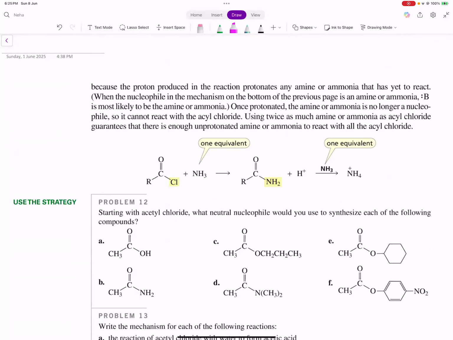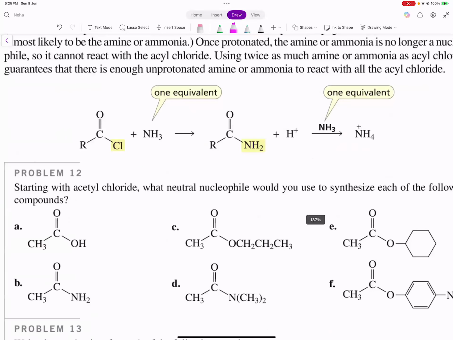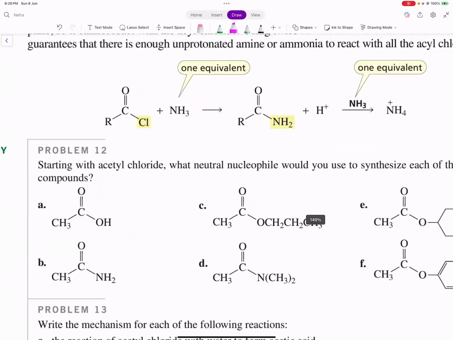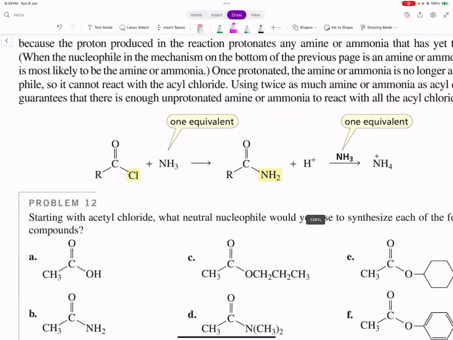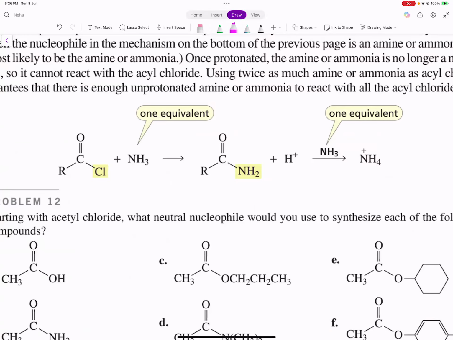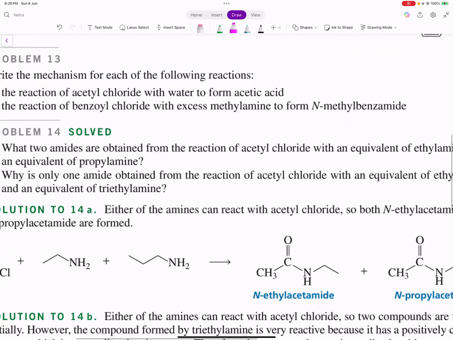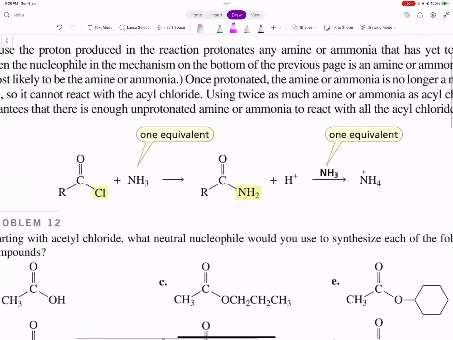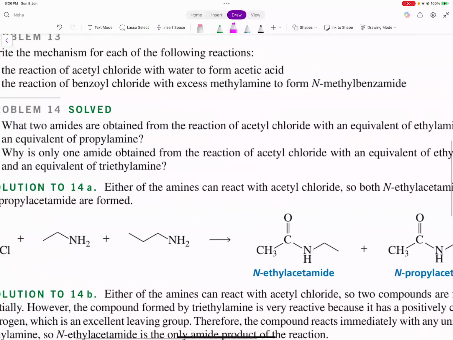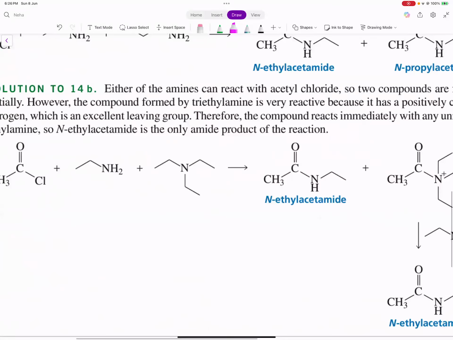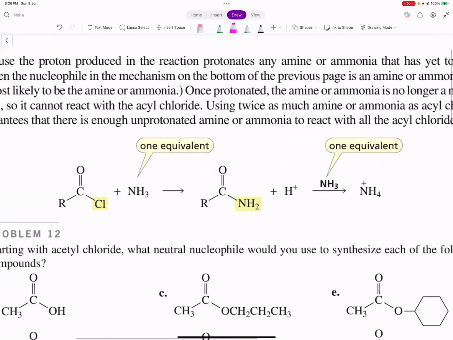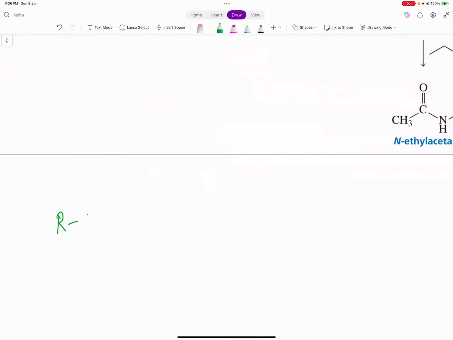Now, in the case of amides or amines, see what is going to happen. Suppose I have RCOCl, and I have CH3NH2.